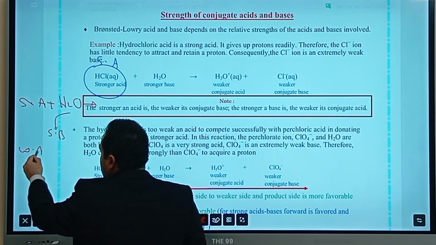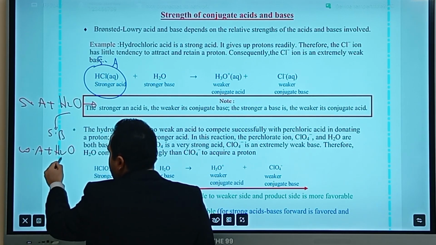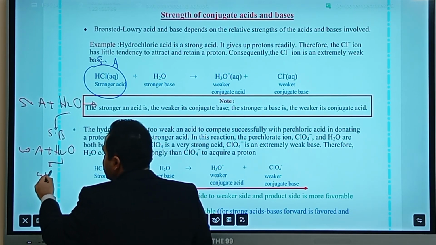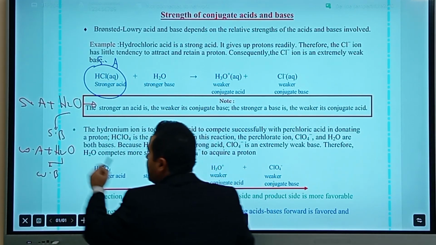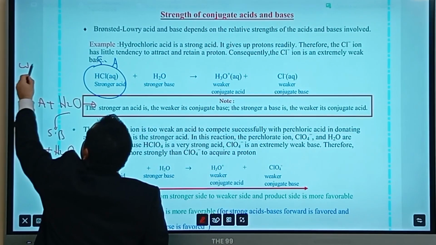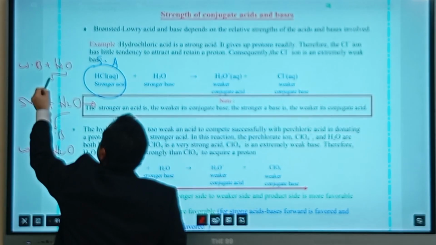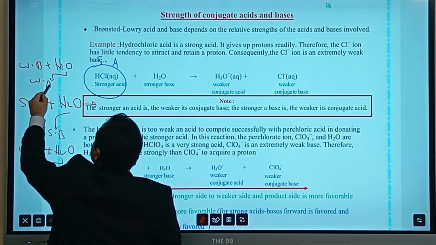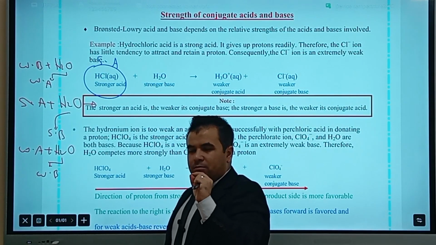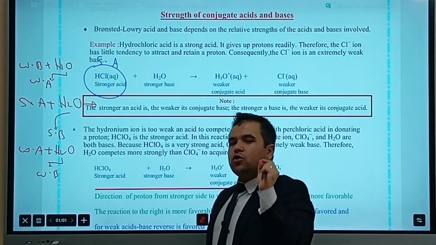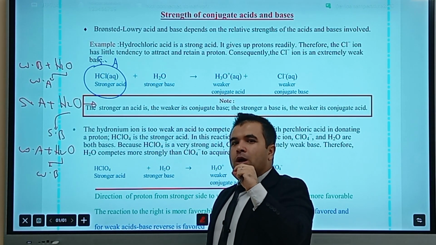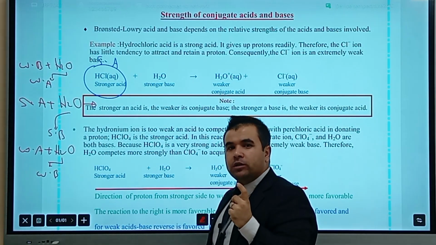Weak acid with H2O, H2O becomes what? A weak base. If a weak base reacts with H2O, H2O becomes what? A weak acid. And in some exceptional cases, strong bases react with H2O, like the hydride we'll be talking about.